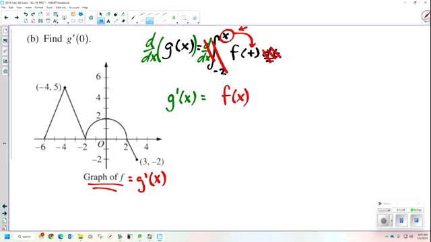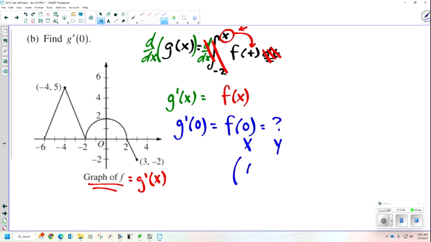So as we're looking at the graph of f, we're also looking at the graph of the derivative of g. So when I say, what's g prime of 0, that's really saying, what's f of 0? And remember, train your brain. This is a coordinate. When x is 0, what's your y? We just need to find the y coordinate when x is 0.